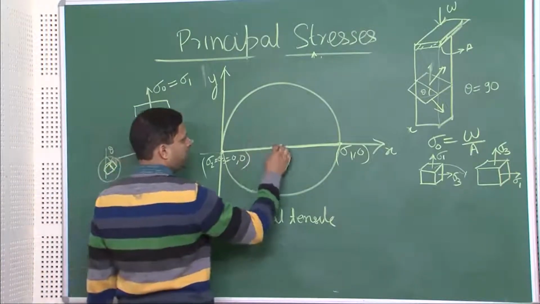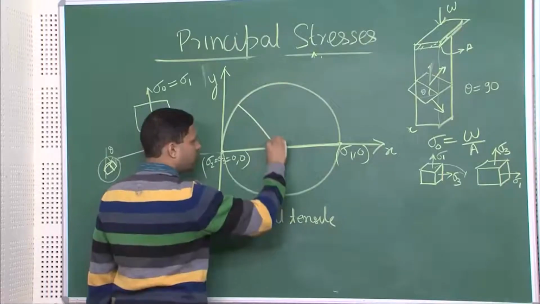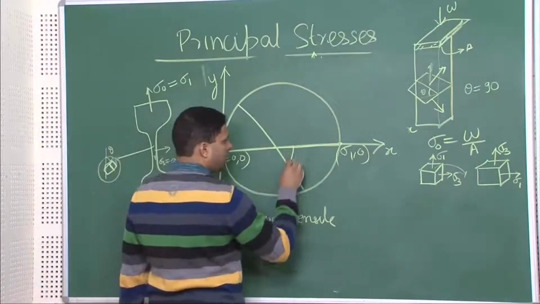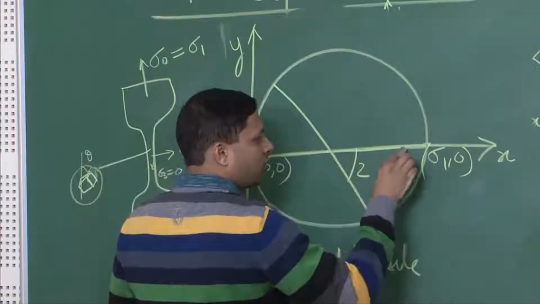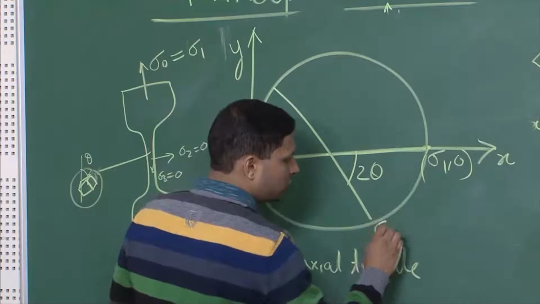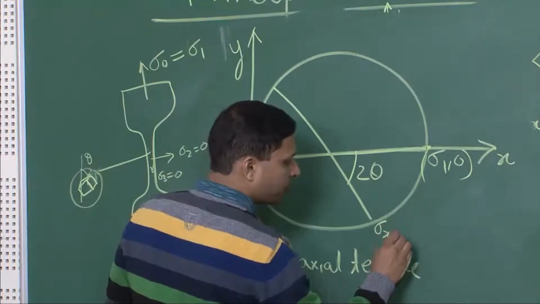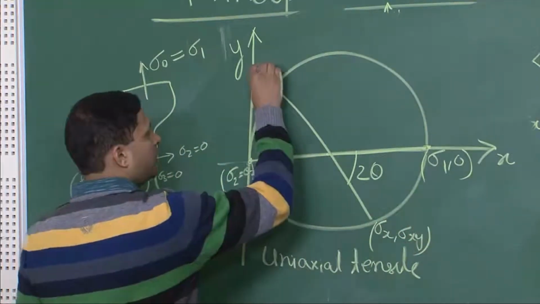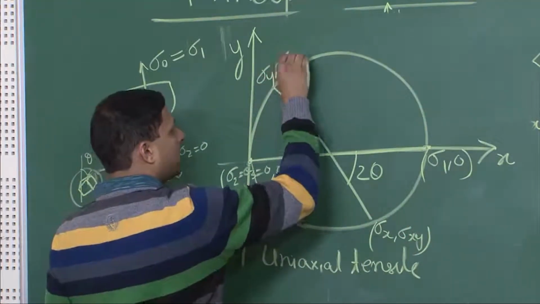What will that imply? The stresses on that particular element will now be given by a diameter which is rotated from the original one by angle 2 theta. So, this will be your sigma x comma sigma xy, this will be your sigma y comma sigma yx.